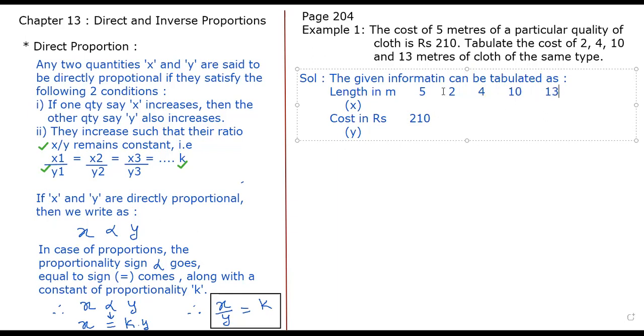Yes or no, children? Yes, sir. And these all are going to be blanks. We don't know this cost. Am I right? We have to find out these costs. So always first we prepare a table of the given information. Make a table. All of you will make a table.